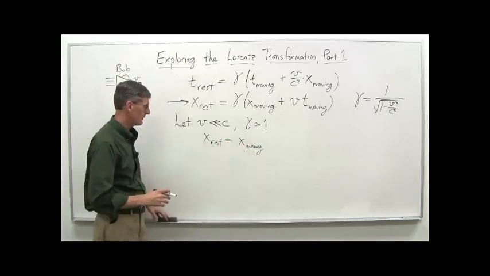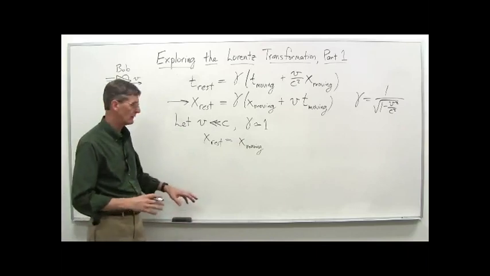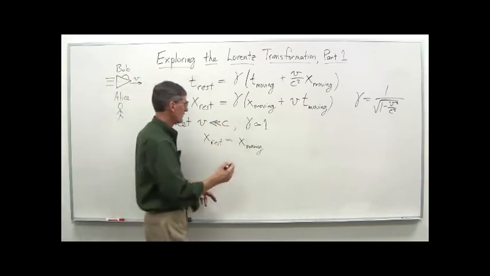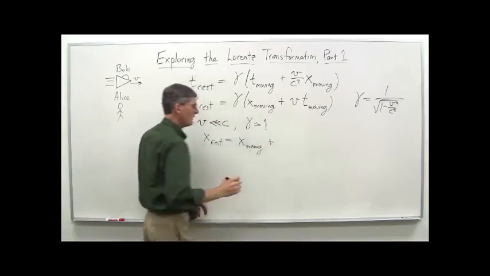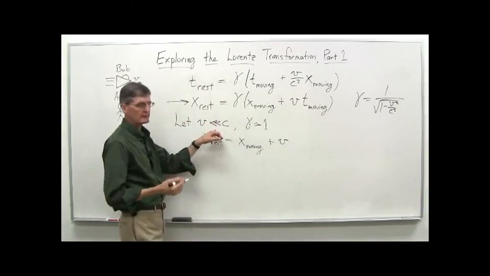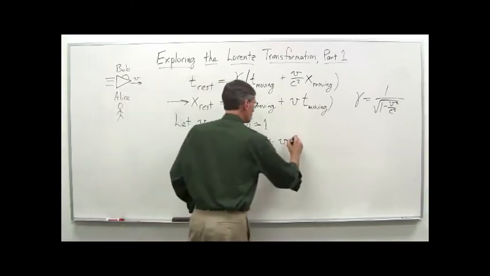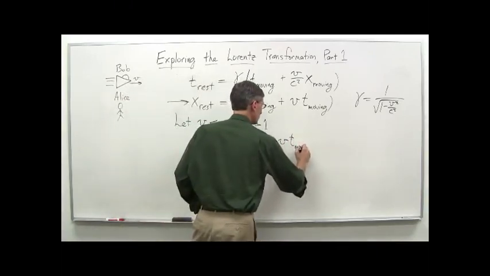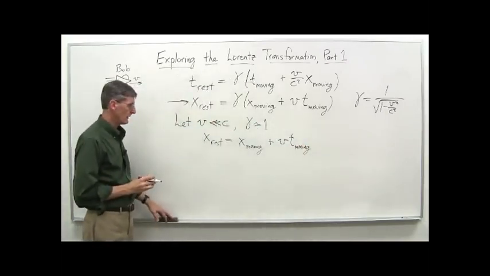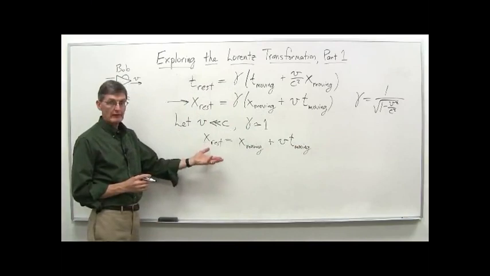So just fix that in your mind and don't get confused about that. So x rest equals x moving here plus a velocity, which is going to be non-zero, much less than c but still non-zero, times t in the moving frame, in other words, on one of Bob's clocks in the moving frame. Well, what does this remind us of?